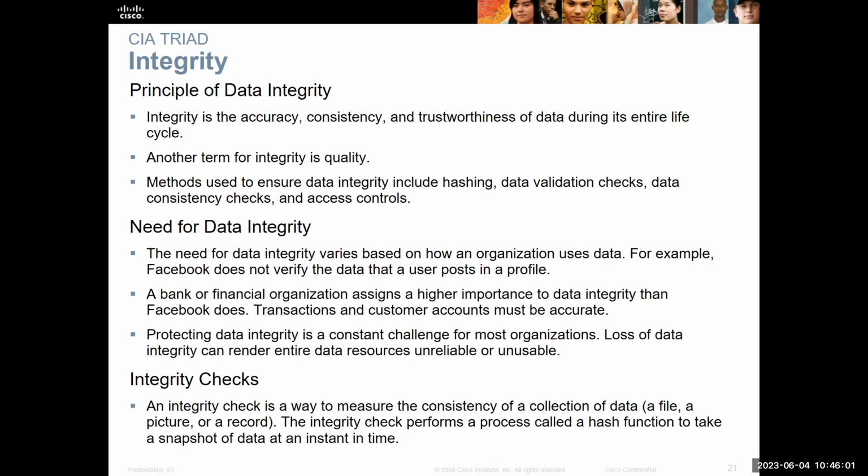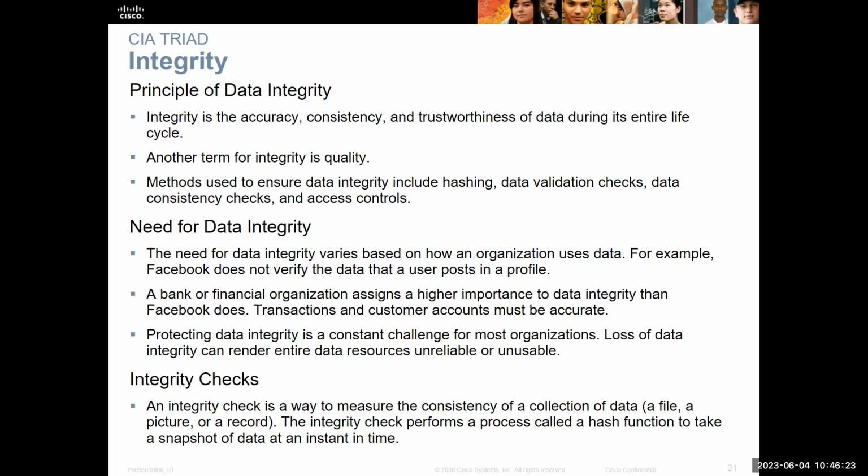A bank or financial organization assigns a higher importance to data integrity than Facebook does, of course. So transactions and customer accounts must be accurate. Whatever transactions you are going to be carrying out, and your account details, have to be very, very correct, have to be accurate.